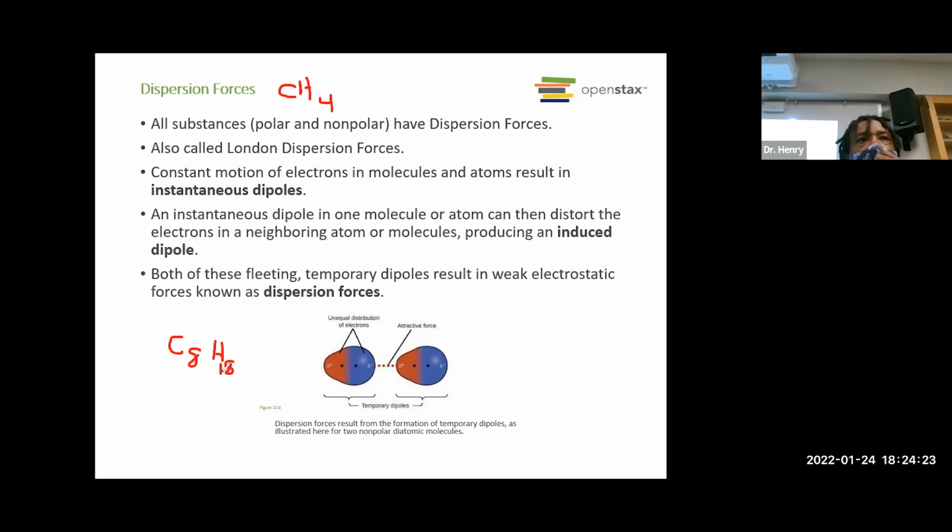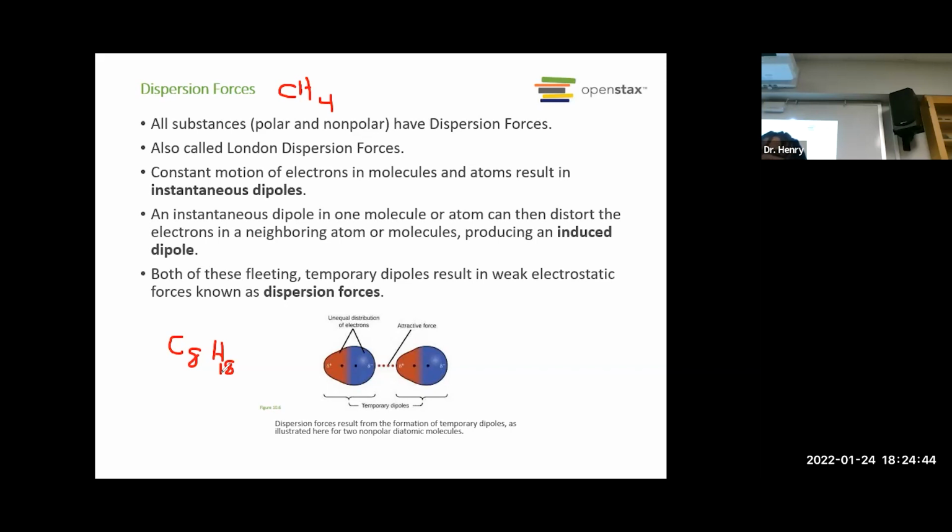Methane, think about it for a minute. Methane has one carbon. If we have one methane interacting with one methane, is there a lot of intermolecular forces going on there? No, you just have that one carbon causing things to happen.